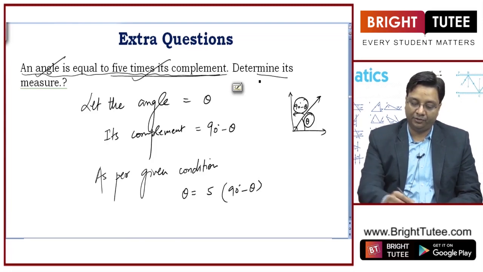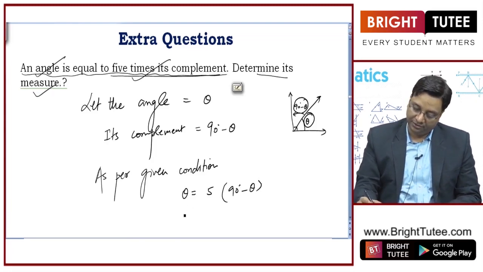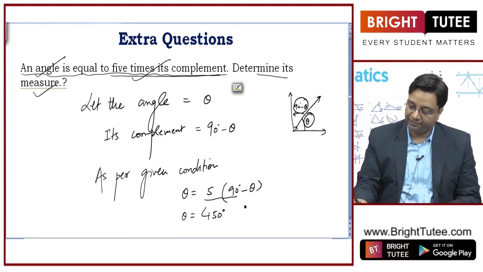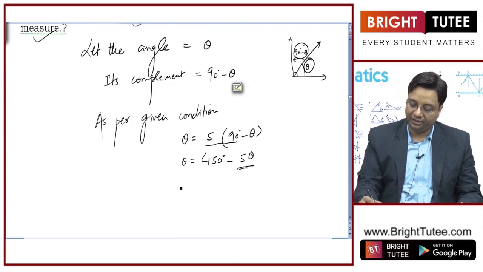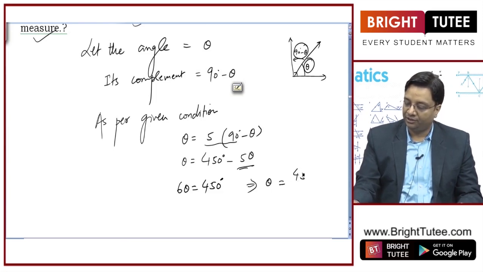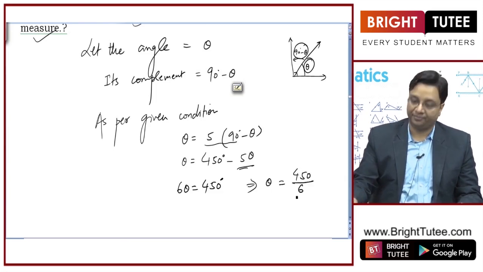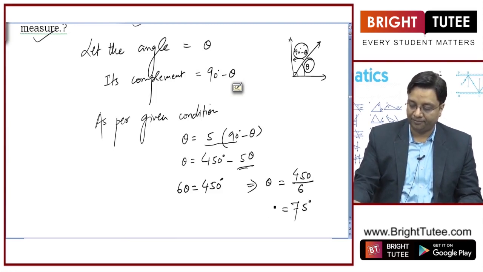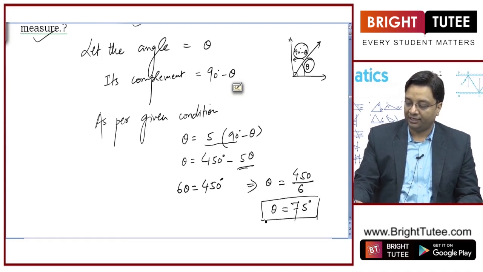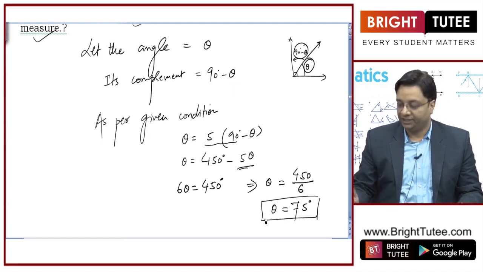And we need to find the value of theta. So theta is equal to 5 into 90, that is 450, minus 5 theta. So we bring this 5 theta here, so 6 theta equals 450. Hence theta is equal to 450 divided by 6, which is 75 degrees. So the angle that we require is equal to 75 degrees. Okay.